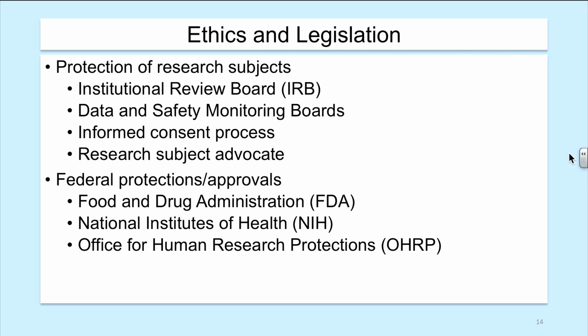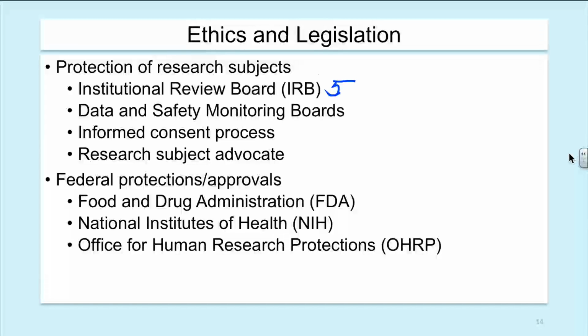Ethics and legislation. In terms of protection of research subjects, there are a number of ways in which we protect research subjects. First of all, there is the IRB. The IRB is an ethics board that reviews clinical trials to be conducted at academic institutions. So here at UCLA, we have 5 IRBs.